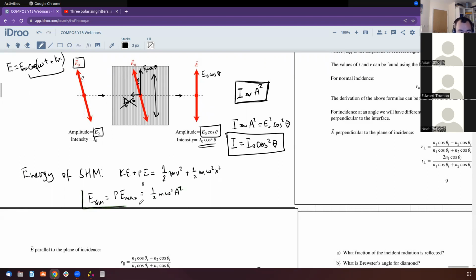And if the energy of simple harmonic motion is proportional to a squared, it shouldn't be surprising that the intensity of a wave, which is technically the energy per time per area, is also proportional to amplitude squared.